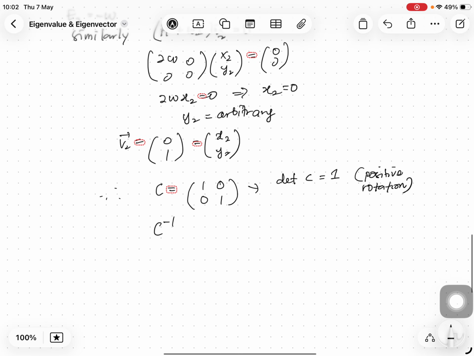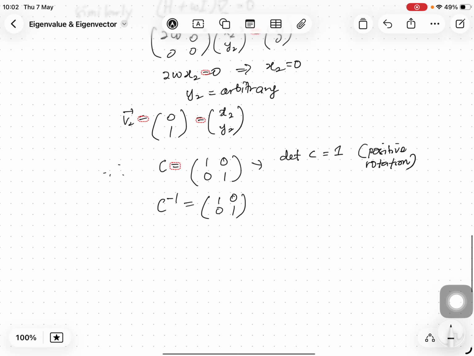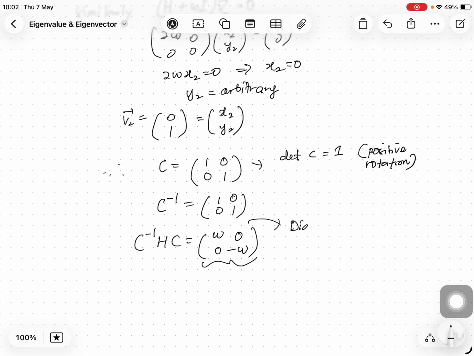If you had minus 1, similarly. So you have C inverse H C, which is diagonal: omega, 0, 0, minus omega. So this is a diagonal matrix.